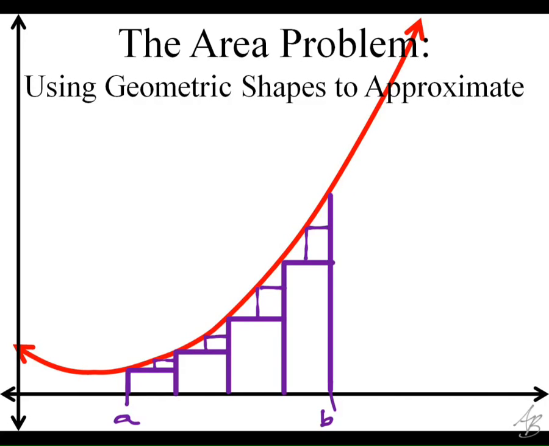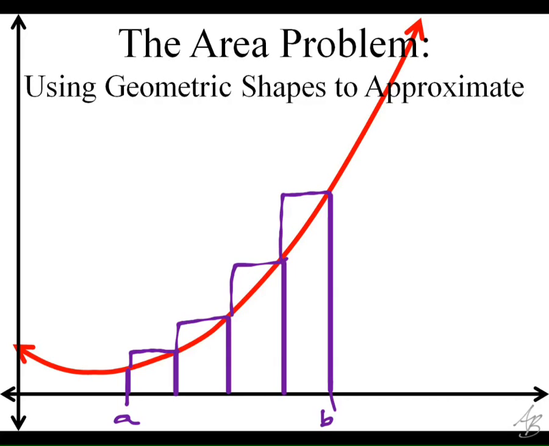Now this method works with the assumption that we're going to fill that area with more and more shapes. But we could do the same thing, and instead of using rectangles inside, we could use rectangles outside. So we could use these rectangles here. This would approximate it, but it would have a little bit extra, right?